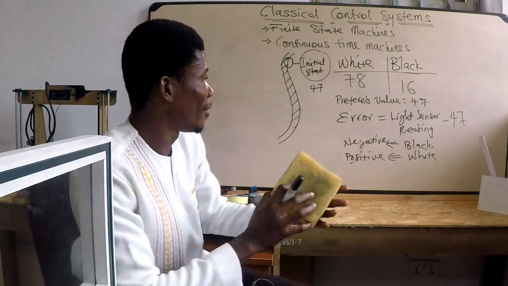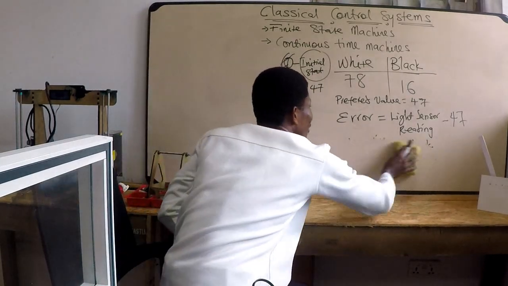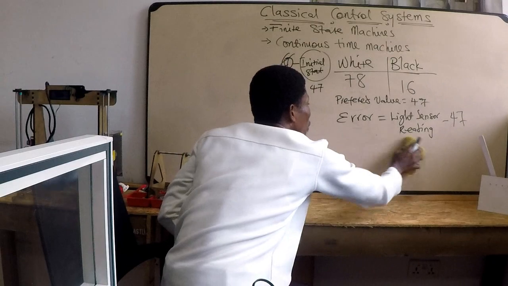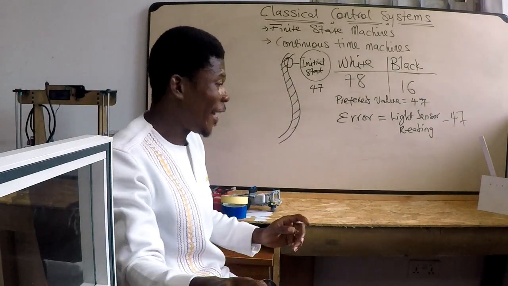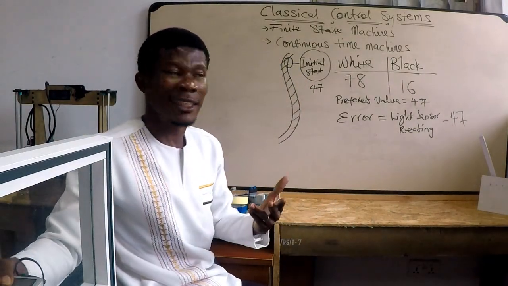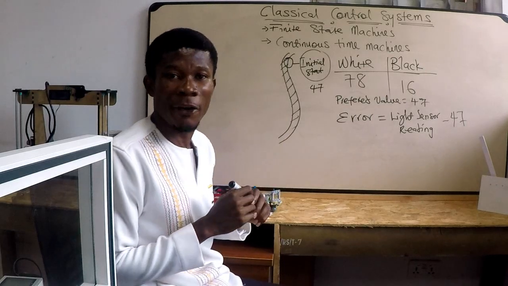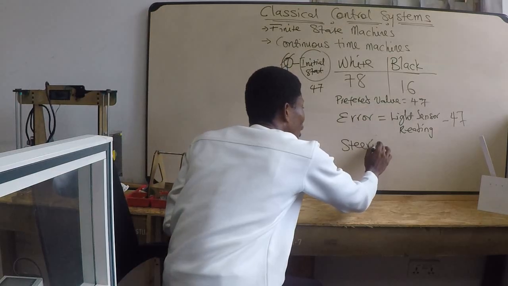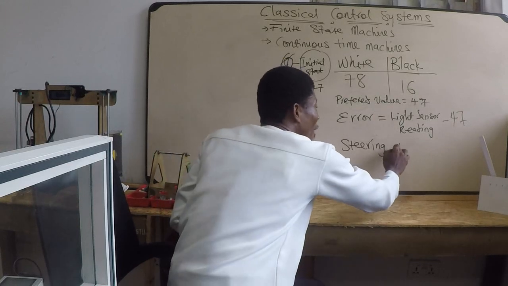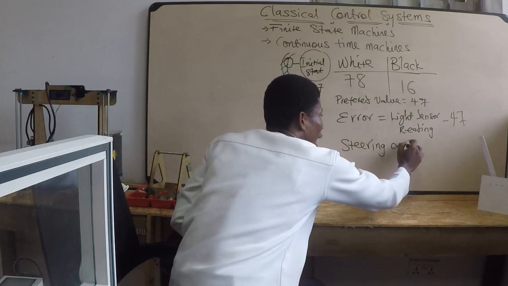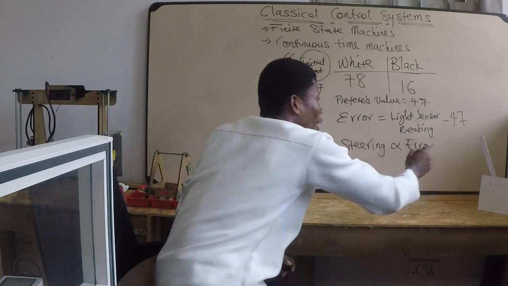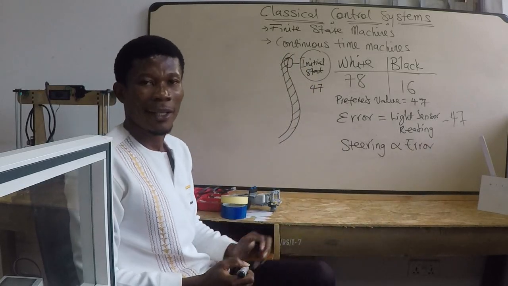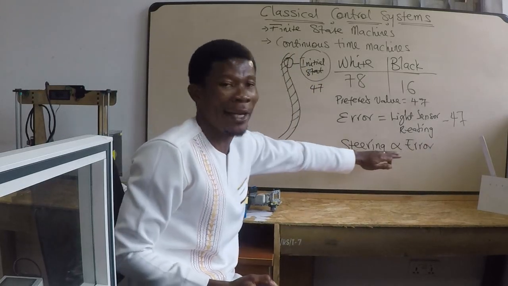So in a way, we can say that if we measure error, then there is a relationship between error and steering. So we can say that the steering of our robot varies as our error value. There is a relationship between steering and error.